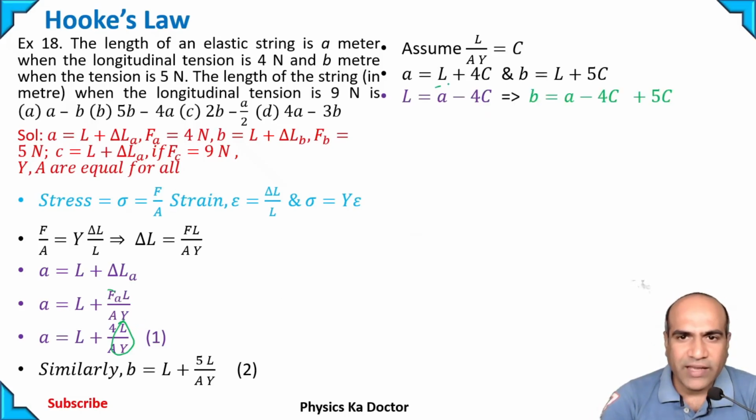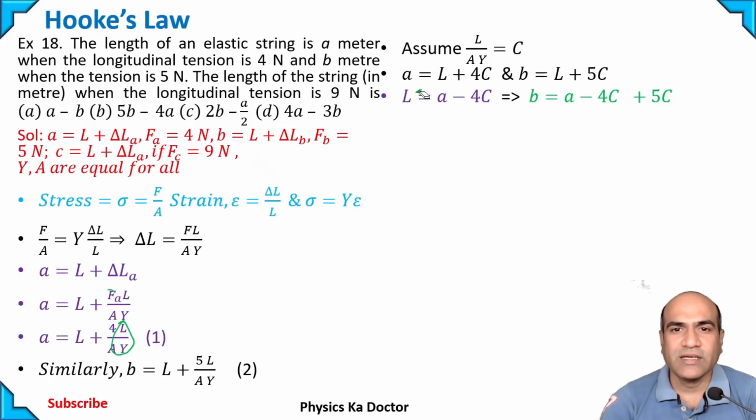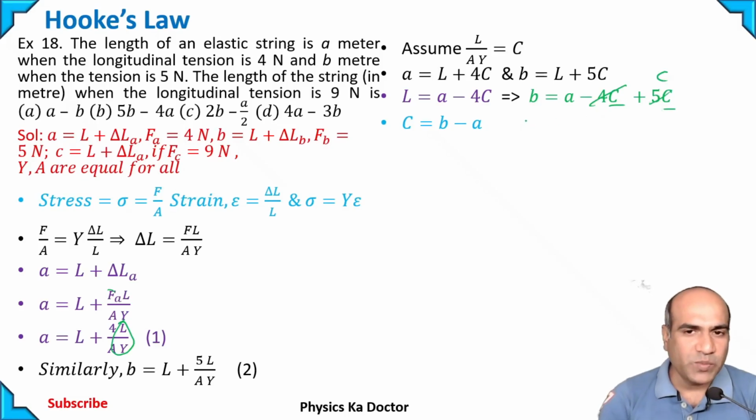So L is equal to A minus 4C, and if you put this value of L in the other equation, B becomes A minus 4C plus 5C. If you take C to the other side, C is equal to B minus A.